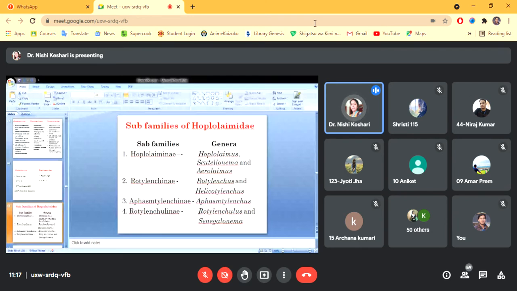After death also they take that shape again. So this is called Helicotylenchus. Then Aphasmatylenchinae, this is Aphasmatylenchus, and Rotylenchulinae, and Senegalonema. All these nematodes come under the Hoplolaimidae family. They all have different characters, and we should not go through this one.